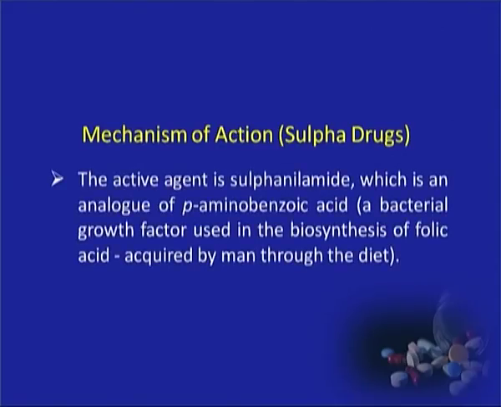Let's discuss the mechanism of action of sulfa drugs. In sulfa drugs, the active agent is sulfanilamide, which is an analog of para-aminobenzoic acid, PABA, which is a bacterial growth factor used in biosynthesis of folic acid, which is acquired by man through the diet.